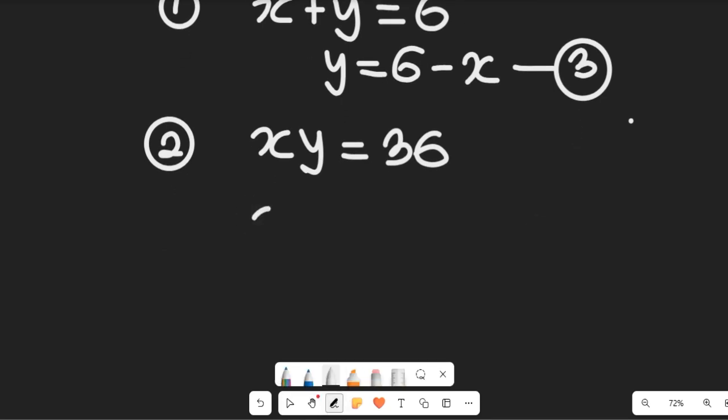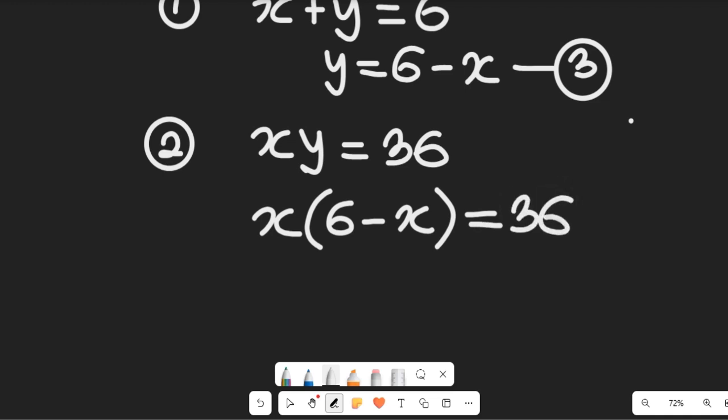If I do that, I'll have x multiplying 6 minus x, and this will be equal to 36. Now, to simplify this, I'll multiply x times 6, which gives me 6x, minus x times x, which gives me x squared, and this will be equal to 36.